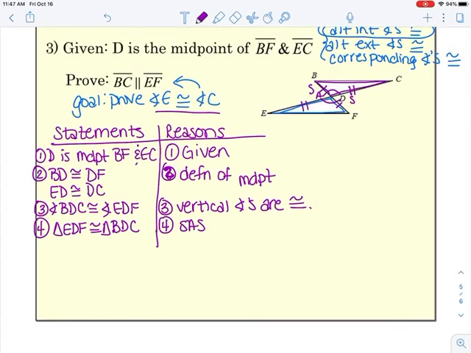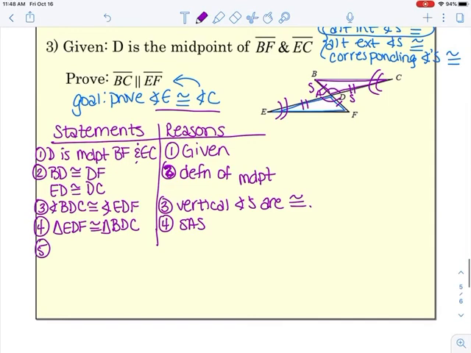I want to prove that the two lines are parallel. Again, to prove the two lines are parallel, I need to prove that angle E is congruent to angle C. Well, now that I have the two triangles congruent, I can finally say that angle E is going to be congruent to angle C because of CPCTC. Corresponding parts of congruent triangles are congruent.